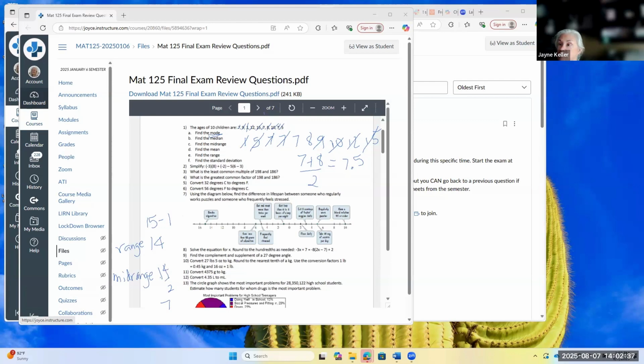And that's all of them. So I would do the mean and the standard deviation in Desmos, and then the rest of them you do like we just did by hand. Questions about those?